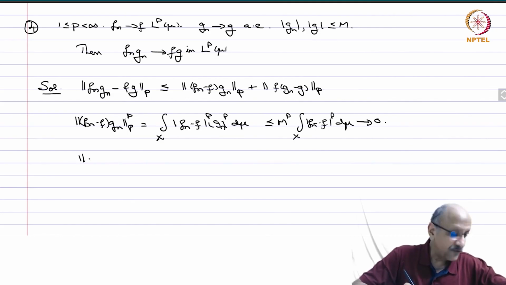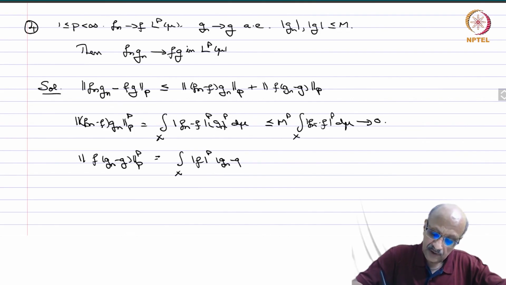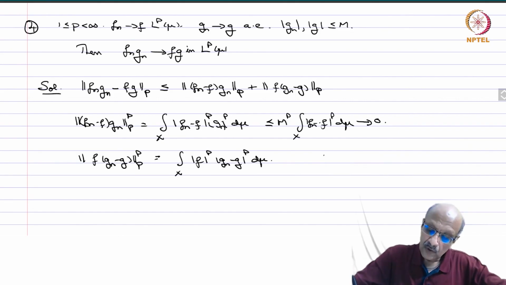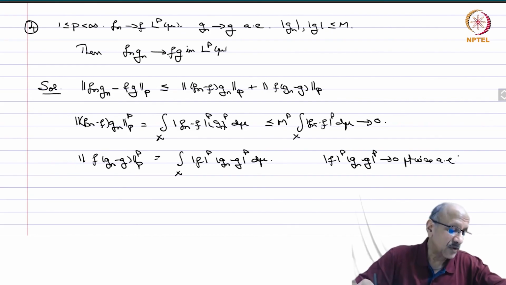Now what about norm of f times gn minus g in LP power p? This is equal to integral over x mod f power p mod gn minus g power p d mu. So mod f power p mod gn minus g power p goes to 0 pointwise. That is given to us.